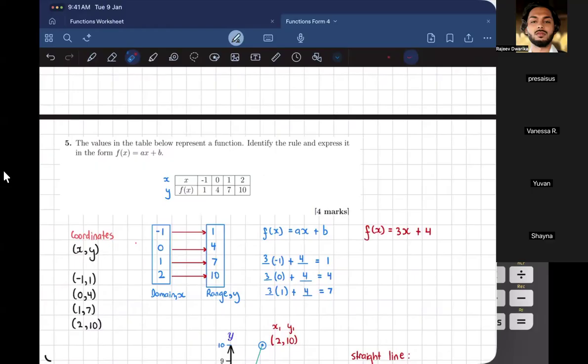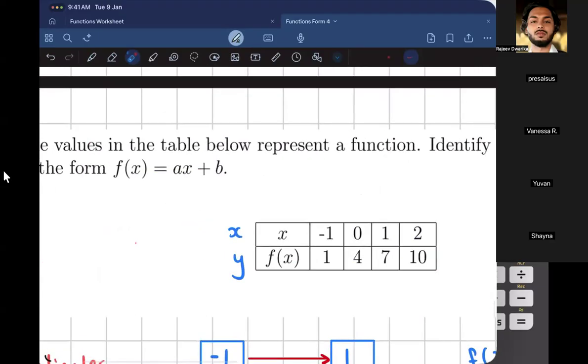When I looked at the question, I told you guys this was going to be a straight line. But did anybody wonder how I knew that? I know that because it told me the function would be in the form ax plus b. That's why I know that.